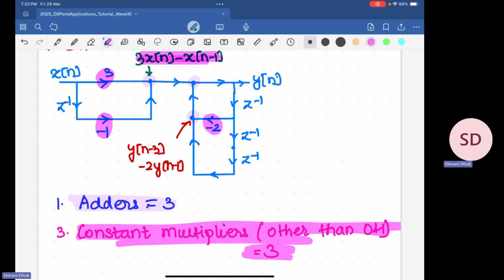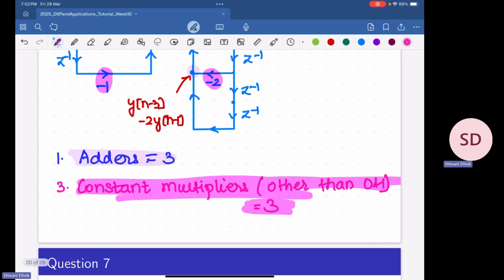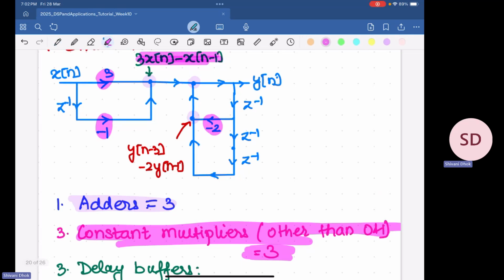And the last thing that we need to calculate is the number of delay buffers. How many do we have? One we have here, then one here, one here, and one here. So total we have 4 delay buffers.